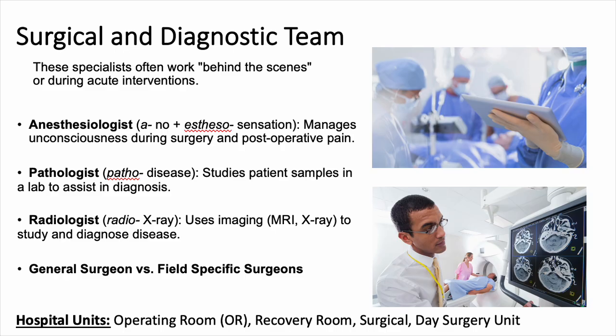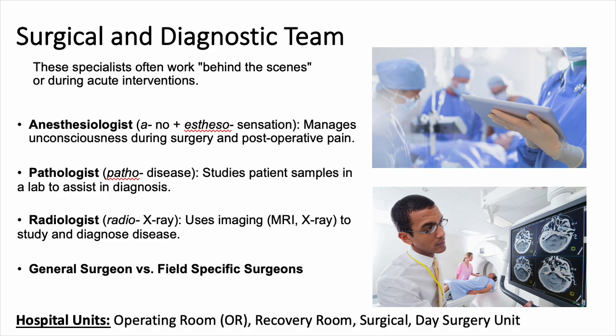Specialization will allow for deeper expertise in complex procedures, whereas general surgeons will handle more general procedures not specific to a complex procedure of a given system. So a general surgeon may be involved in a variety of surgeries.